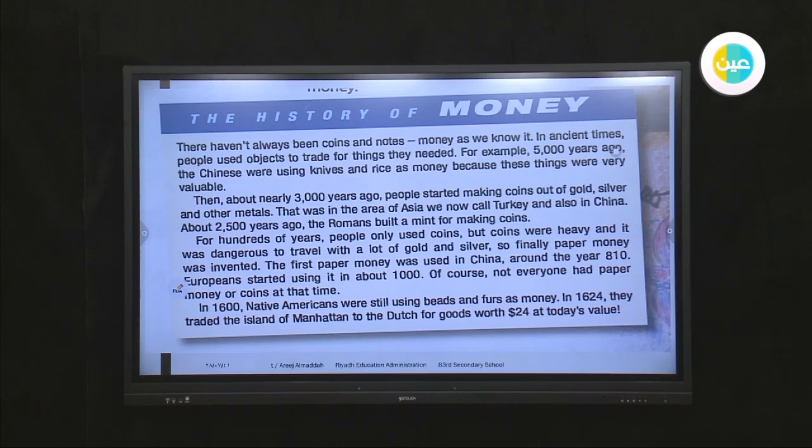Of course, not everyone had paper money or coins at that time. In 1600, Native Americans were still using beads and furs as money. In 1624, they traded the island of Manhattan to the Dutch for goods worth $24 at today's value.